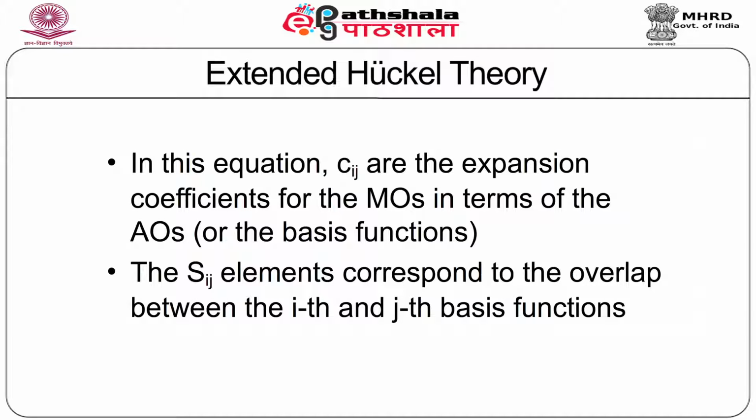In this equation, Cij are the expansion coefficients for the molecular orbitals in terms of the atomic orbitals or the basis functions. The Sij elements correspond to the overlap between the ith and jth basis functions.